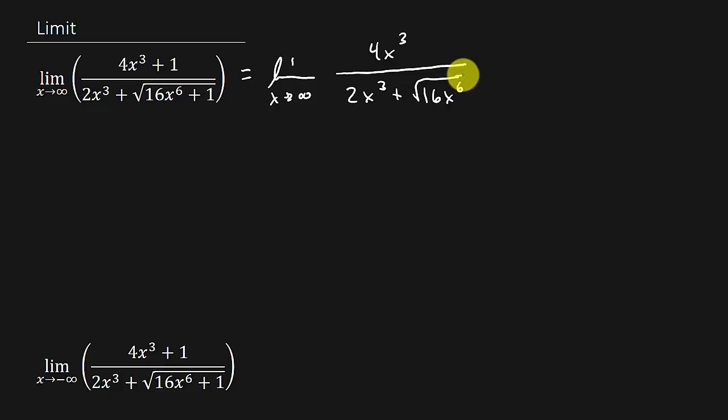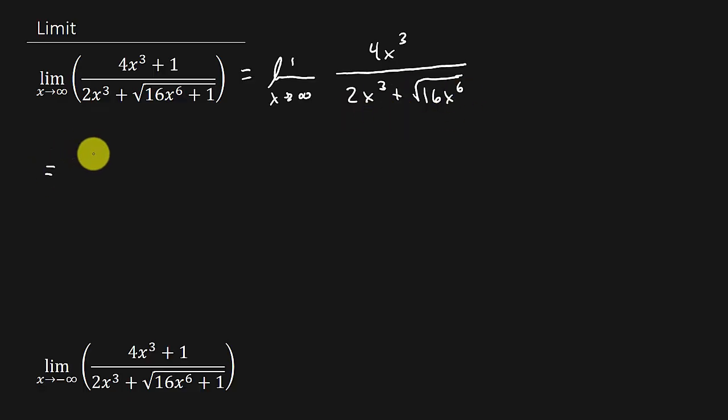All right. So when you think about it, this is x cubed, right? Because it's the square root of x to the sixth, which is x cubed. So I've got an x cubed, the 2x cubed, and the 16x to the sixth, the square root of it. So these are the largest exponents in the denominator.